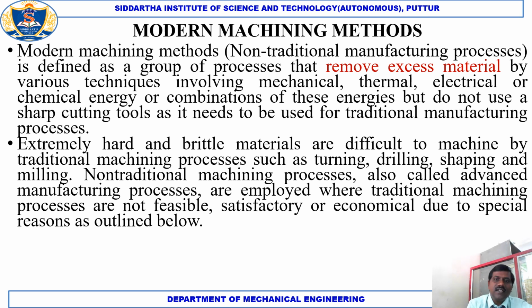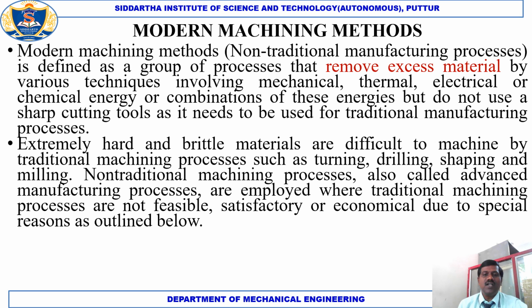It means that in case of the traditional machining processes, we usually require a sharp cutting tool to remove a material from the workpiece. But in case of the modern machining methods, we do not need any sharp cutting tools, but with the help of this mechanical energy or thermal energy or electrical energy or chemical energy or combination of these energies, we can remove the material from the workpiece.